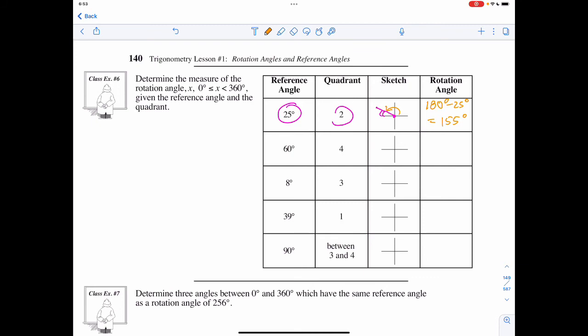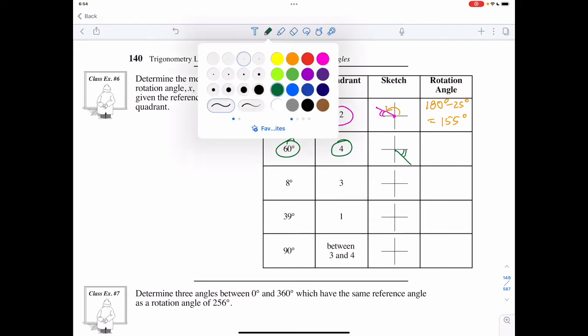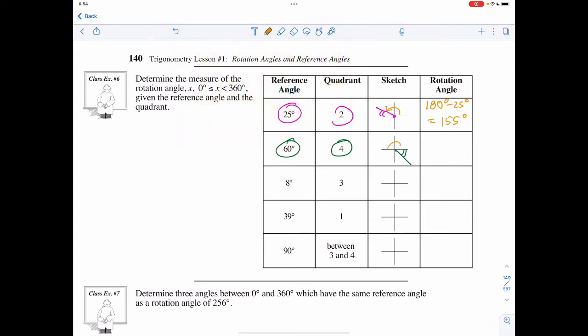If I'm in quadrant 4, and it's 60 degrees from my reference angle, then my rotation angle is going to be 60 degrees shy of being a full circle, or 360 minus 60, or 300 degrees.